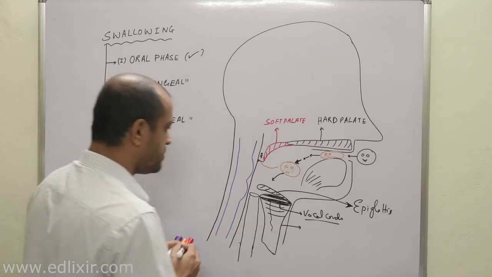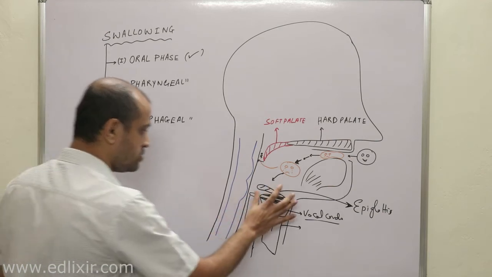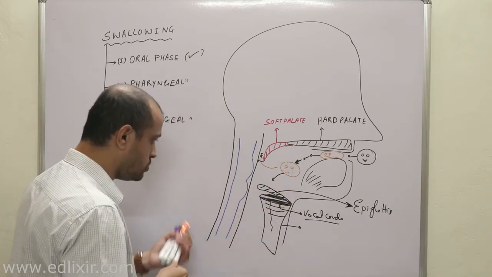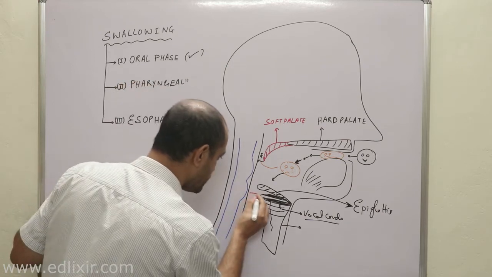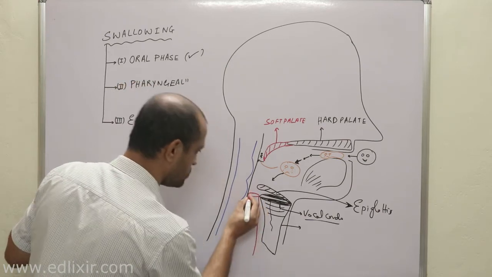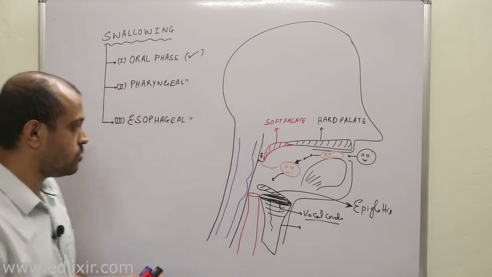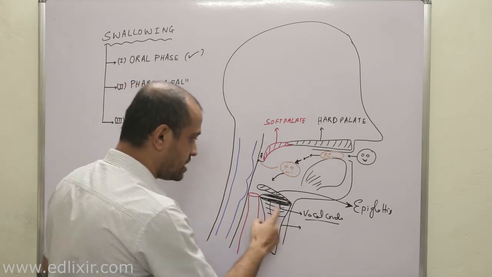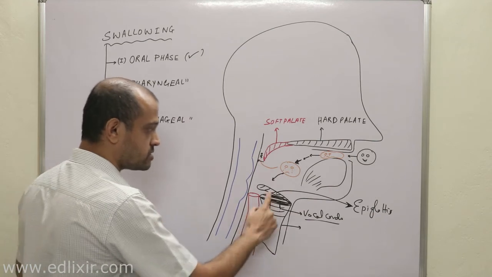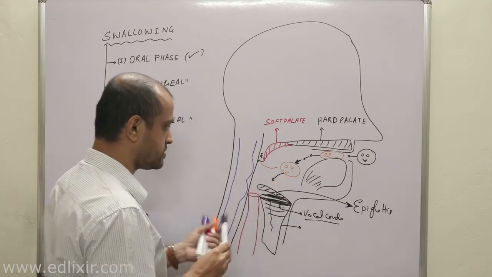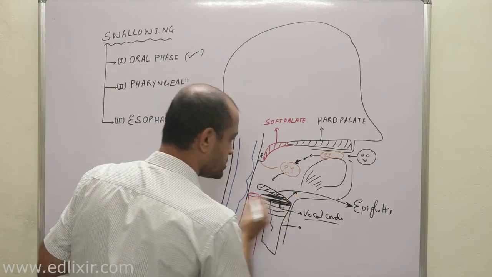Now listen, whenever you are taking in a food bolus using your food pipe, I'm really sorry, using your food pipe, this whole arrangement of vocal cords and epiglottis actually moves forward like this, towards the tongue.